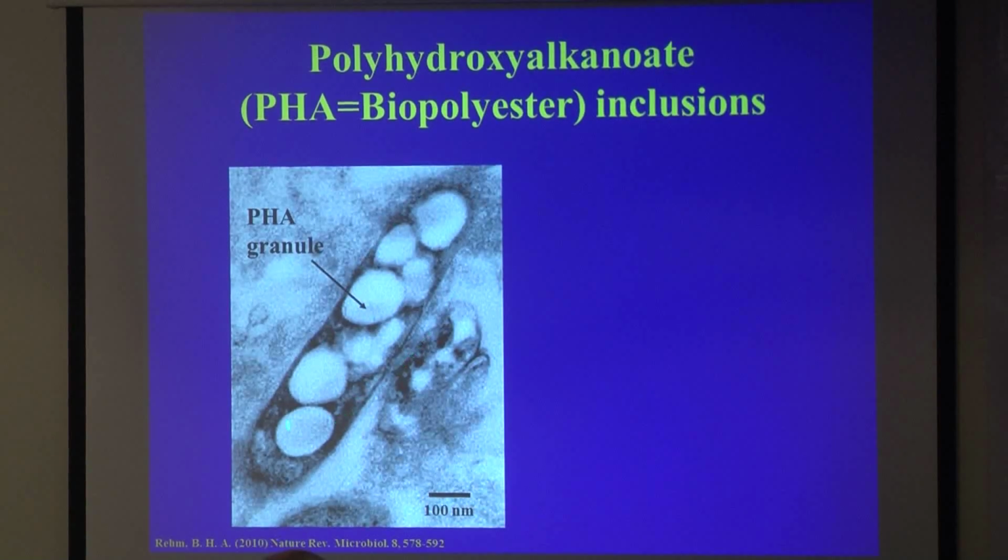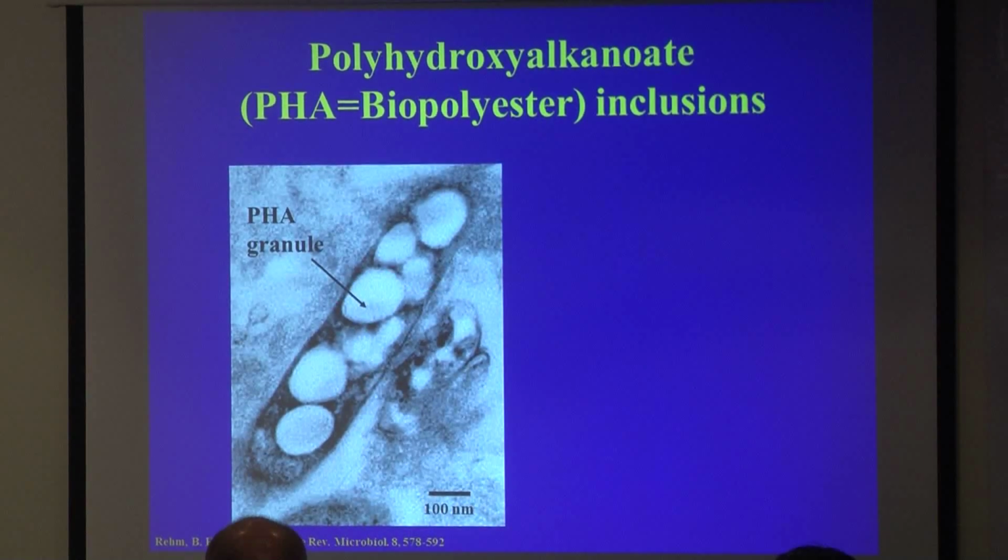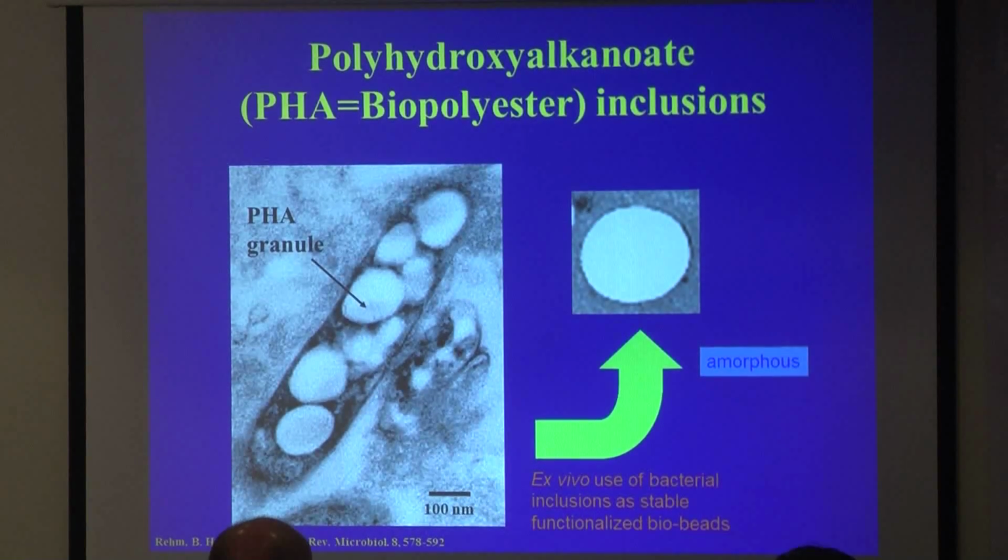This capability to make these reserve materials inside the cell is widespread among bacteria. About 50% of the bacteria you isolate from the environment can do this. So we have looked into the pathway and into the biosynthesis routes to make this polymer and how it is made. But to make a long story short, we realized that these inclusions are actually beads, nanobeads, nanoparticles.